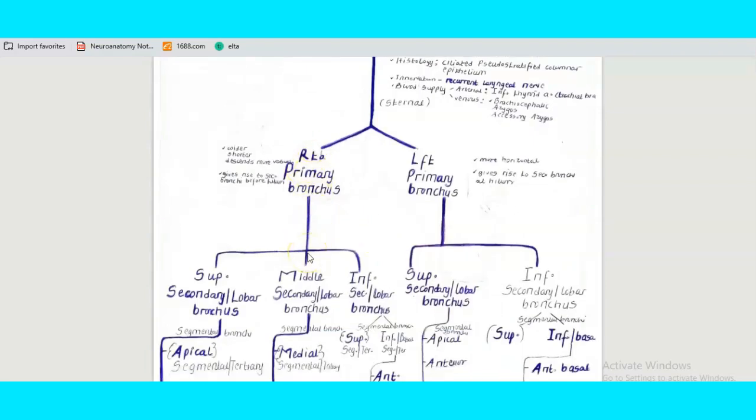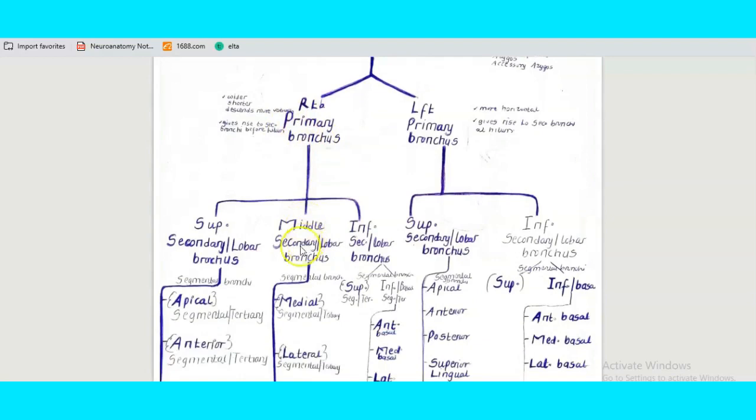Before entering the hilum of the lungs, which I'm going to talk about shortly, the right pulmonary bronchus divides into three branches, the secondary bronchi.